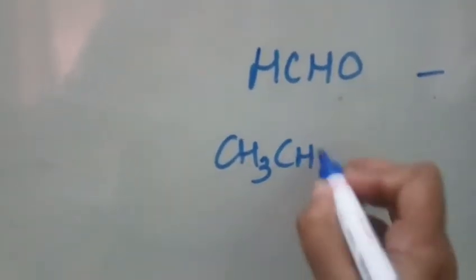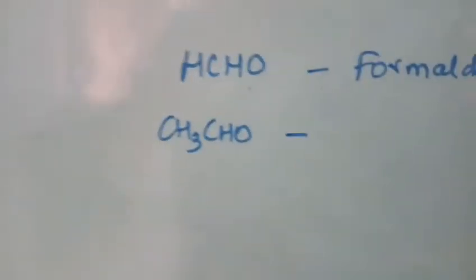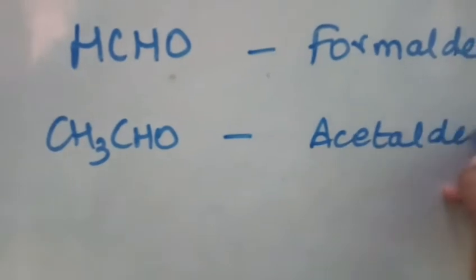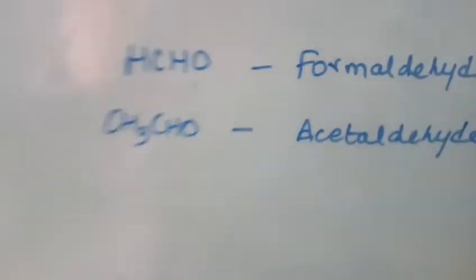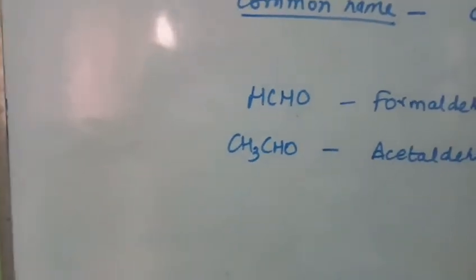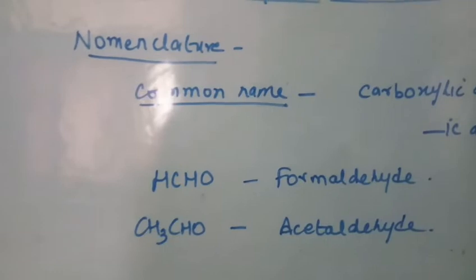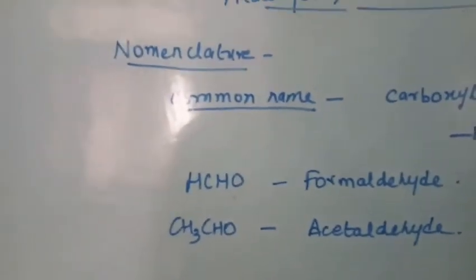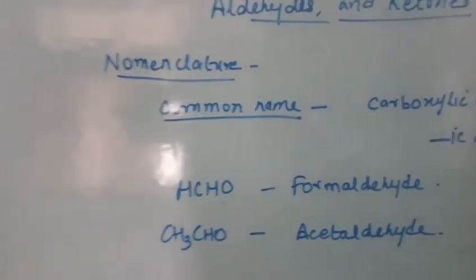Similarly, for CH3CHO, the acid is acetic acid, so the common name is acetaldehyde, and so on. This is how the common names of aldehydes are given. You have to remove the ic acid from the parent acid common name and add aldehyde, then you will get the name of the aldehyde, right?